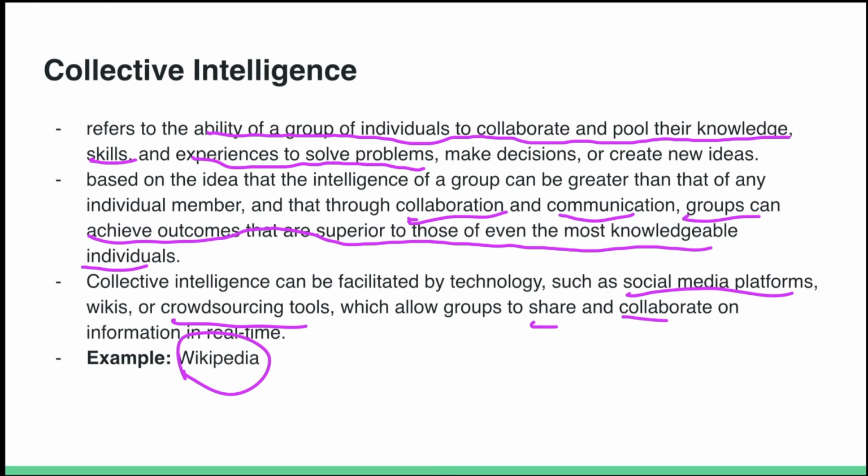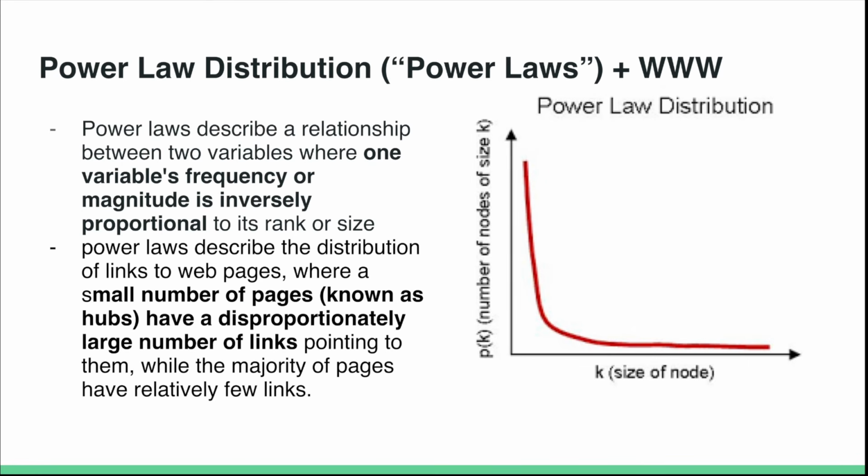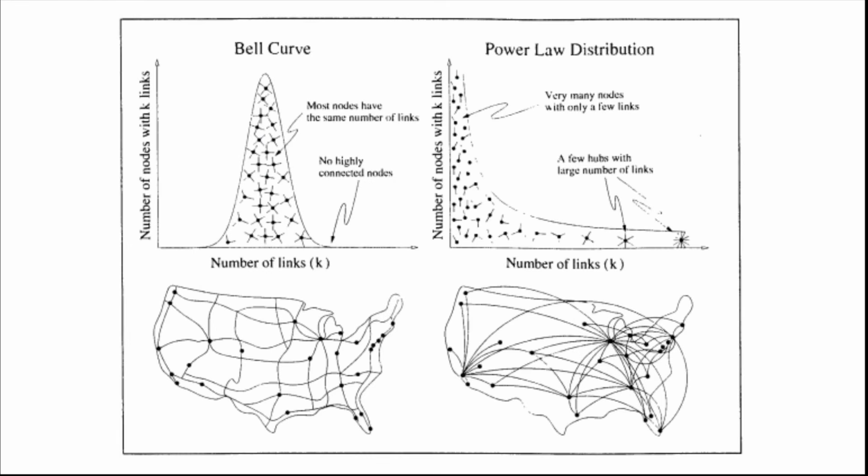That's collective intelligence. So the last concept I want to cover is the power law distribution in the context of the World Wide Web. This is closely related to the idea within our butterfly model of the strongly connected core, where we have a small number of pages that have a disproportionately large number of links. So the power law distribution, which is really a statistical distribution, represents that.